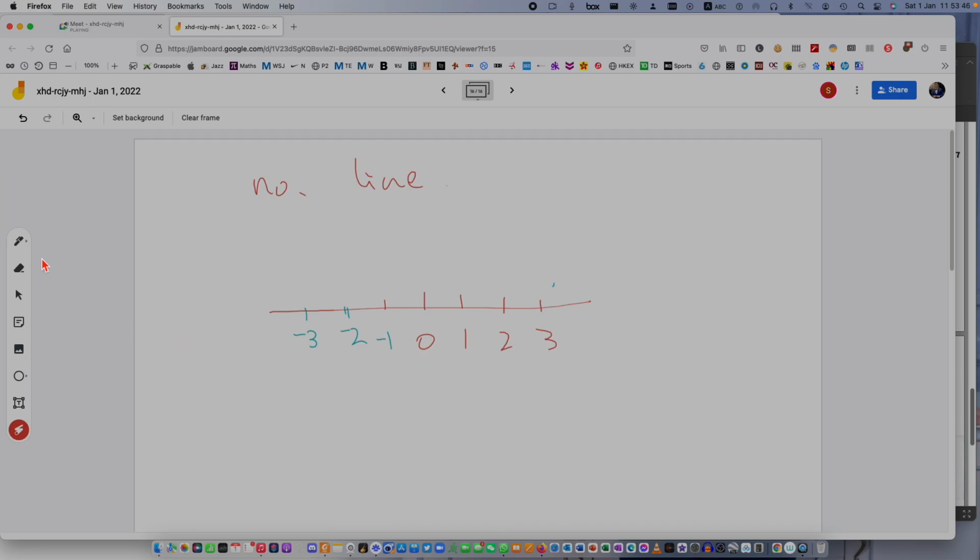So what if I ask you to find x is equal to 1? Where do you place x equal to 1 on the number line? So this is called the number line. If I ask you to find x equals to 1, where is x equal to 1 on the number line? Can you spot it?